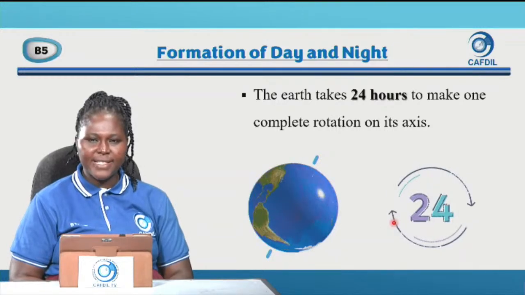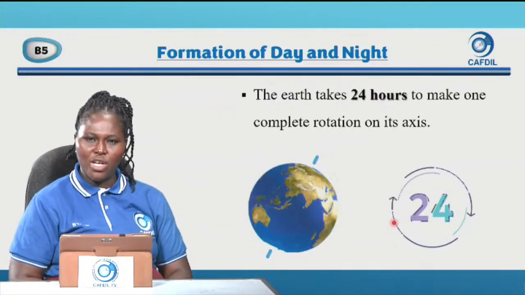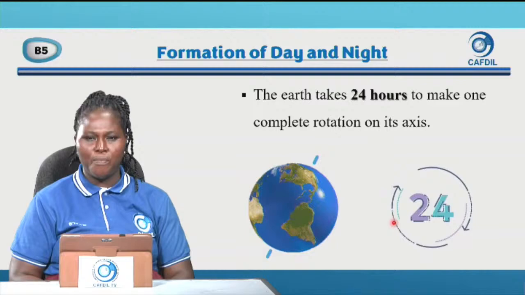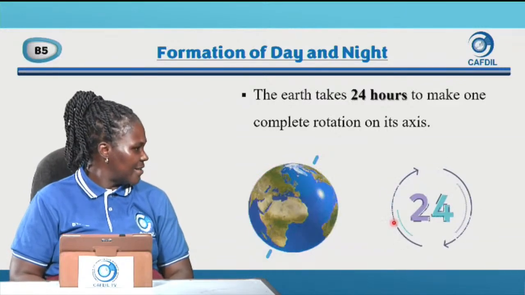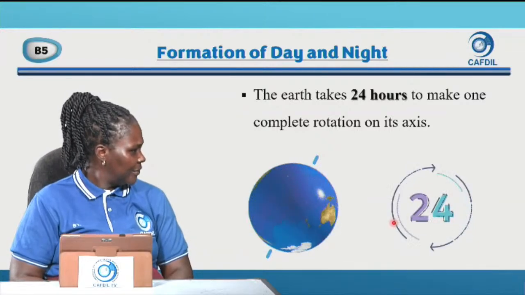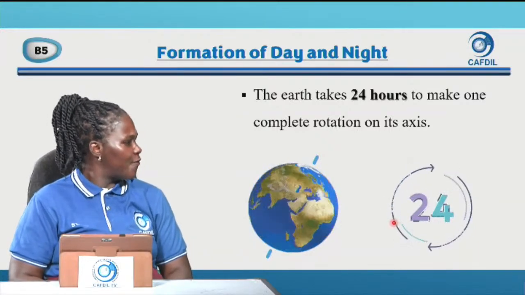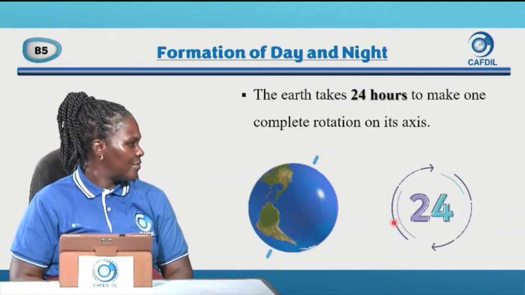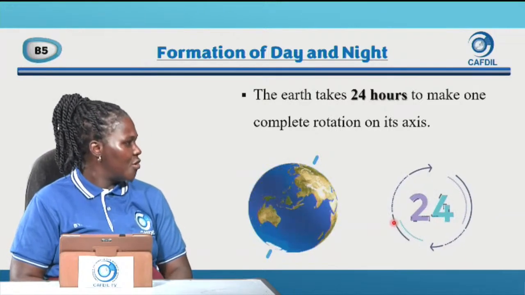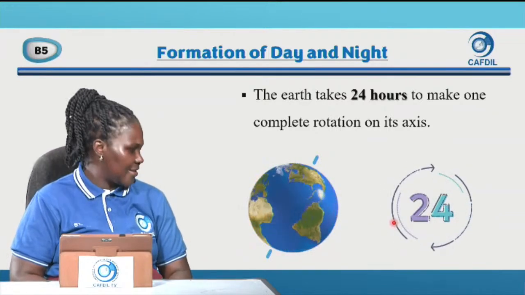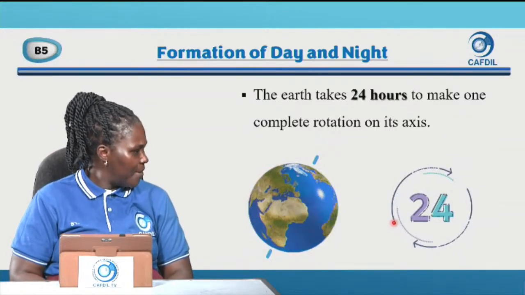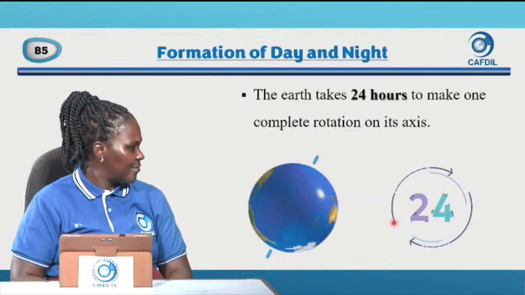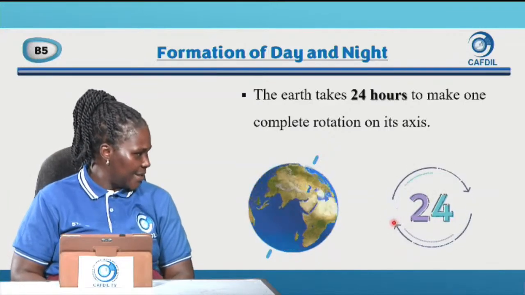The earth takes 24 hours to make one complete rotation on its axis, as we can see on our screen. This is how it moves, from left to right.